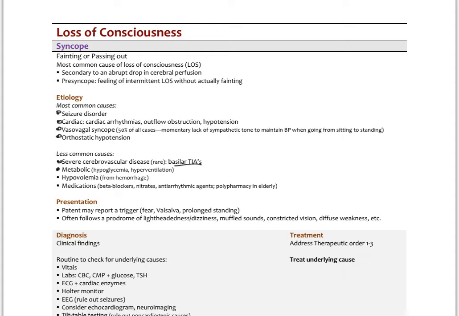So the patient is going to present with a report usually of a trigger, fear, or Valsalva or prolonged standing initiated the syncopal event. And then often there's a prodrome of lightheadedness, dizziness, maybe muffled sounds, constricted vision, diffuse weakness.